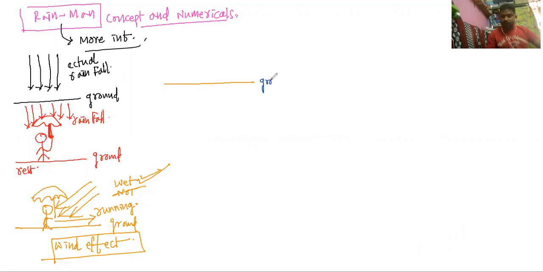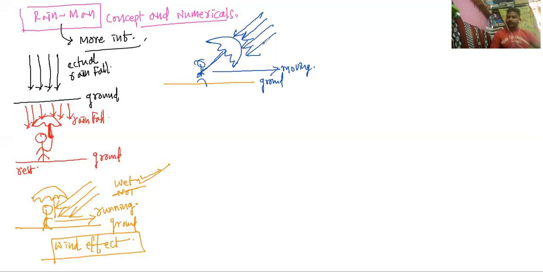This person who is moving in this direction, running or cycling or on a scooter, must hold the umbrella in this direction to avoid the rain, because the rainfall will be in this direction. But at the same point there is another man who is at rest. For him the rainfall will be straight.